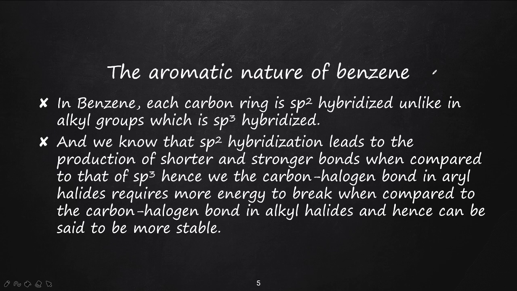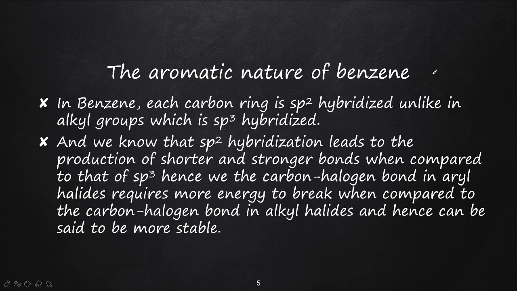I'm sure you all know what I'm trying to talk about. I've shown you the structure earlier on. The carbon in benzene is sp2 hybridized, but in alkyl groups they are sp3 hybridized.